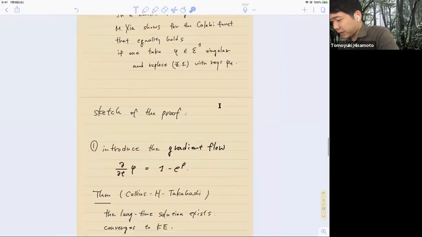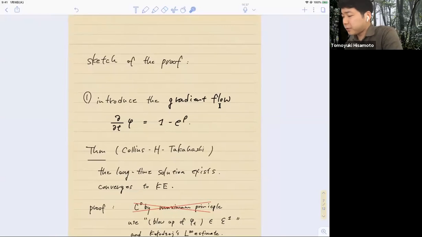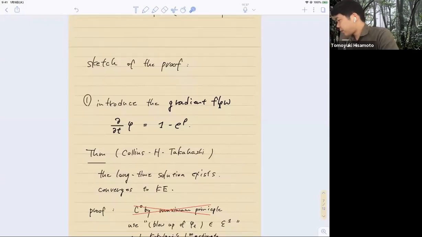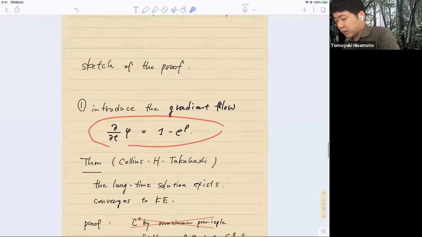So let's move to the sketch of the proof. The first point is to introduce the gradient flow of the Ricci-Calabi type functional, or Calabi type functional. Here I simply wrote down the gradient flow equation of the Ricci type Calabi functional, and this is simply an analog of the famous Calabi flow.